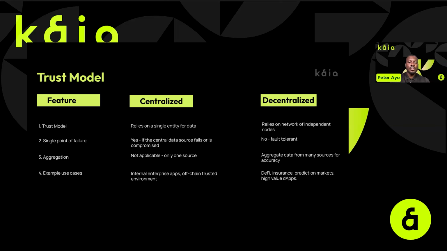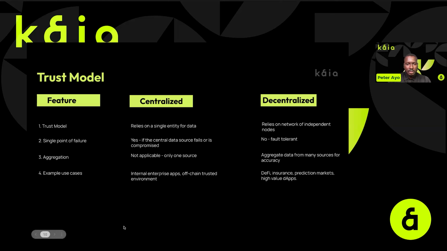For corporations such as, take for instance, IBM or Coca-Cola that are into supply chain, they can use this type of oracle, right? While decentralized oracles are what power DeFi, Rails, insurance, prediction markets, and also high-value dApps. I hope that makes sense.